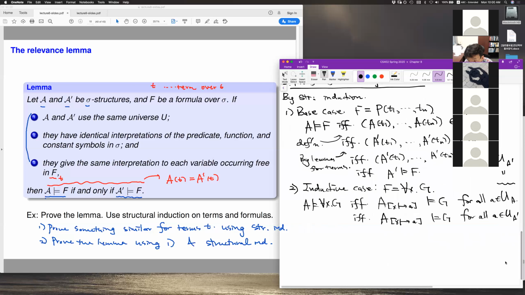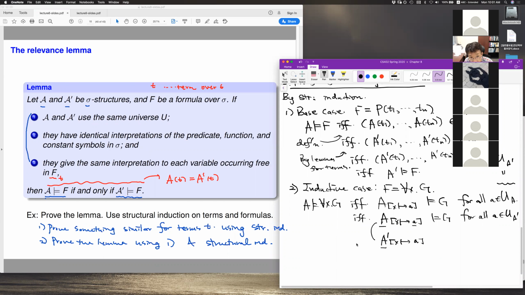Now, let's think about a, I mean, for specific, this small a and the structure capital A. Let's think about structure A prime, where small a is still used to update A prime. Okay, so if you compare these two, they again satisfy all the conditions that are mentioned here. A and A prime assign the same meaning, use the same underlying universe.